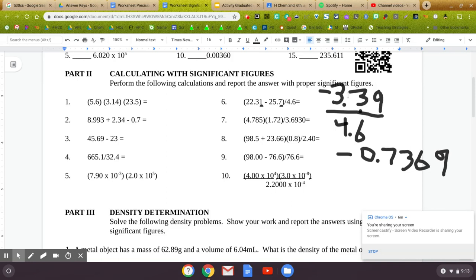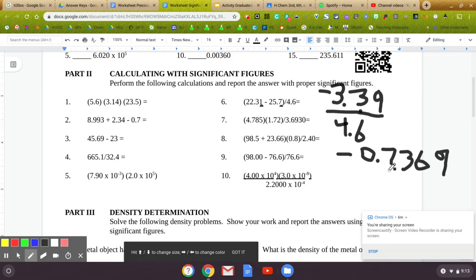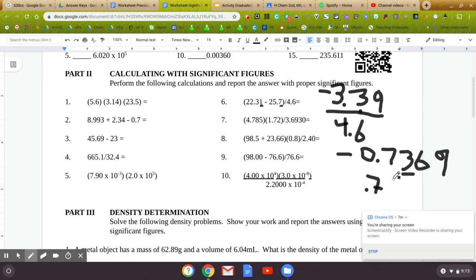So here's a 2 significant digit number divided by a 2 significant digit number. Even though this has 3 digits, we only know that this is the one that counts, the 9 doesn't count. So we have a 2 divided by 2, which means I can have 2 in my answer, and that means that I can go only to this place value here. 3 trailed by a 6 turns to 0.74, and that's a negative number as my final answer for question number 6.